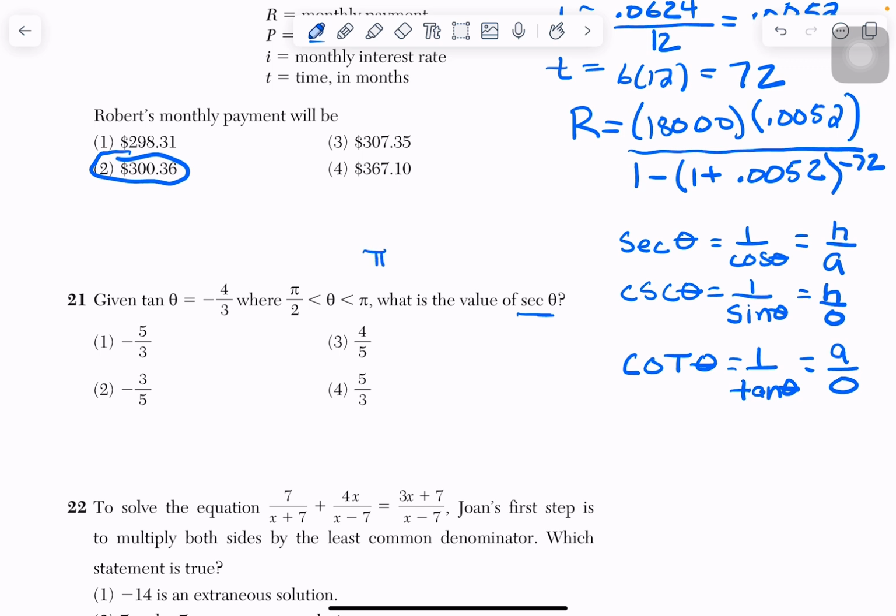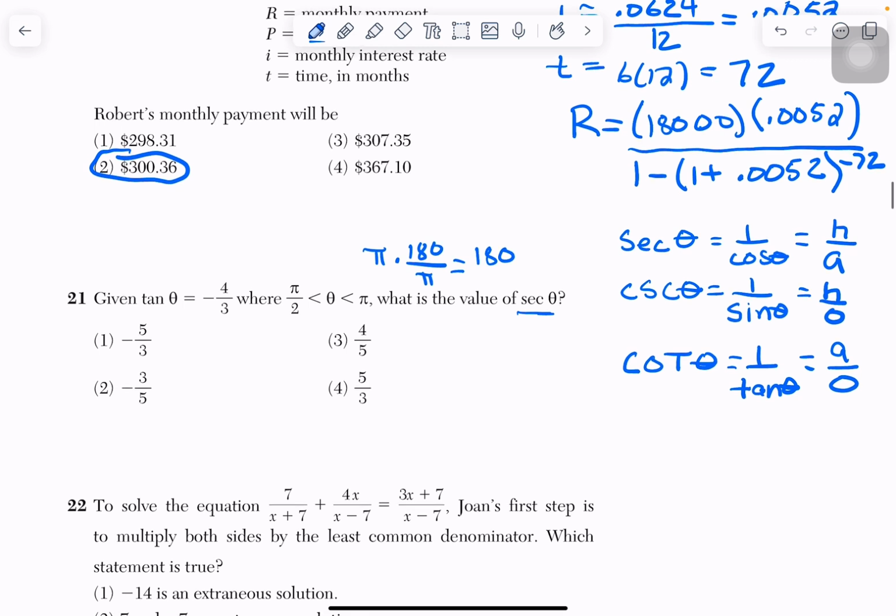Pi is times 180 over pi is 180 degrees. And pi over 2 then is 90 degrees. So this is between 90 and 180, if you remember the unit circle, right? It's 0 and this is 270. So it's in the second quadrant, okay?